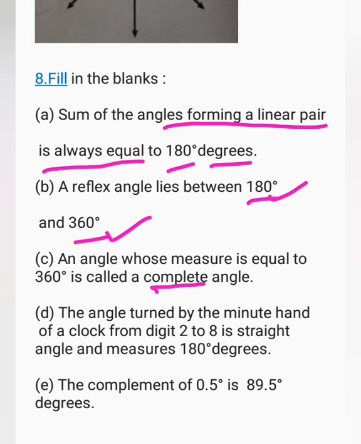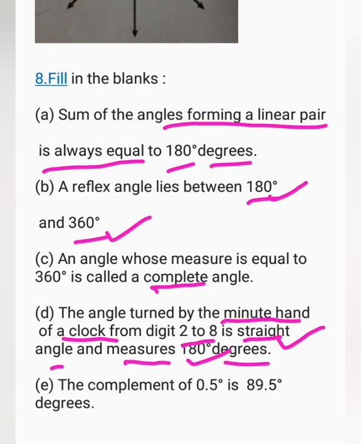Remember, this is a complete angle. The angle turned by the minute hand of a clock from digit 2 to 8 is dash angle and measure dash degree. It is a straight angle and the measure is 180 degree.